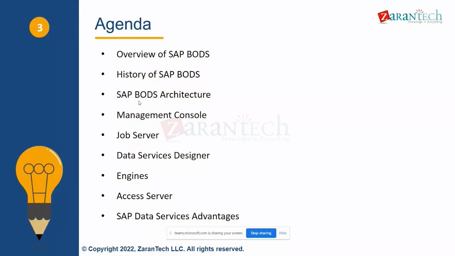All the development work is done in the designer, which we will talk about later. The management console is mostly used for monitoring jobs or seeing any issues in a job, for scheduling jobs, and for starting and stopping the job servers and real-time servers used in our current project.